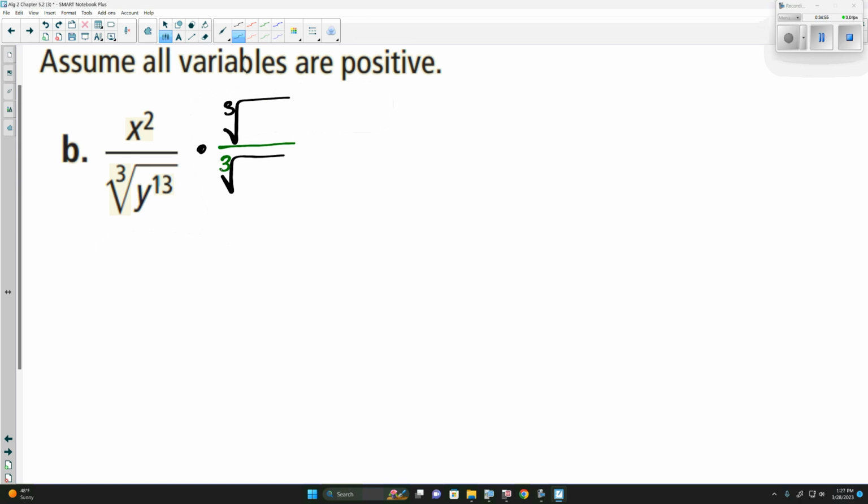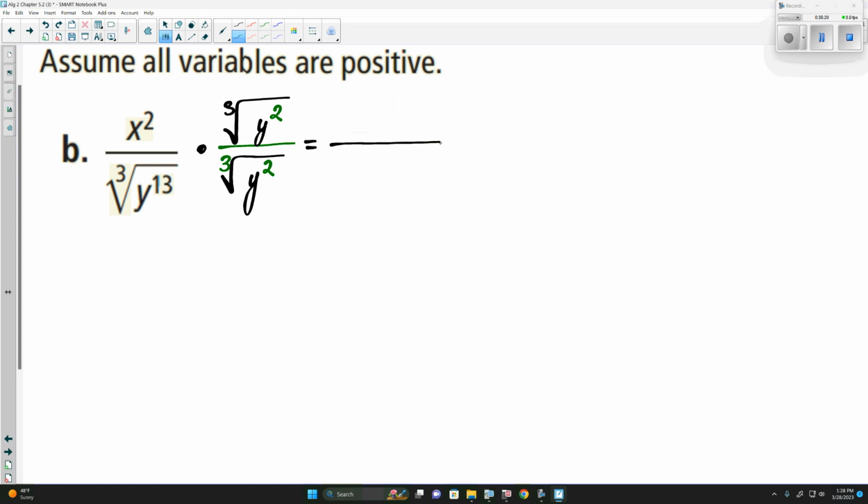Yeah, 15, because 12 was close to it, because 4 times 3 is 12. But since we have to go up, the next number after 12 is 15. So how many are we missing? 2, yes? So we're going to multiply the top and bottom of this by the cubed root of y squared.